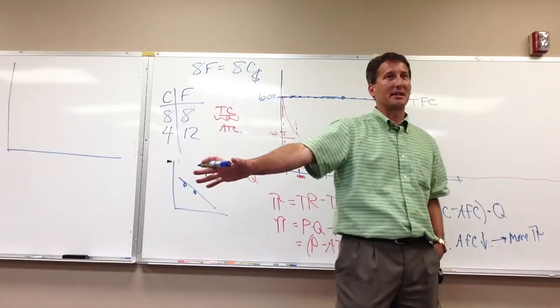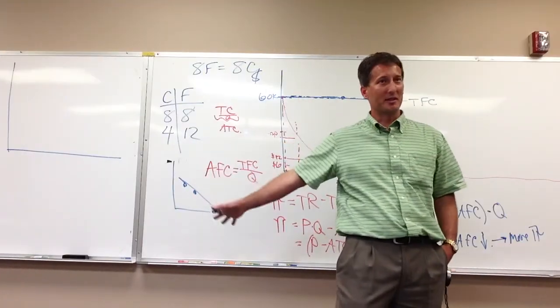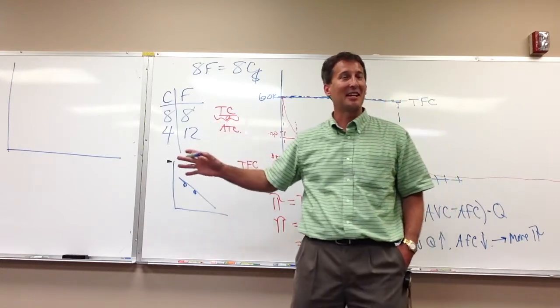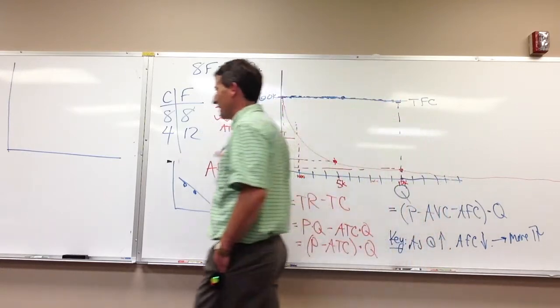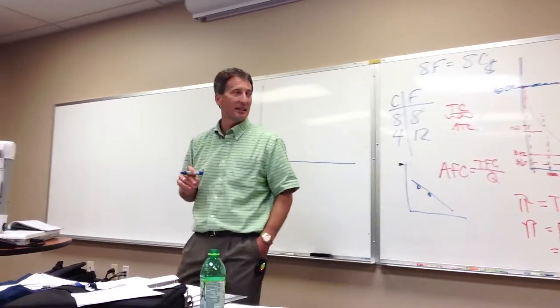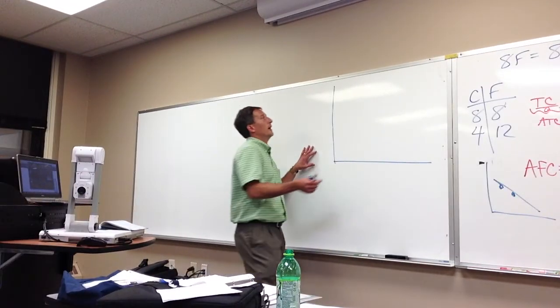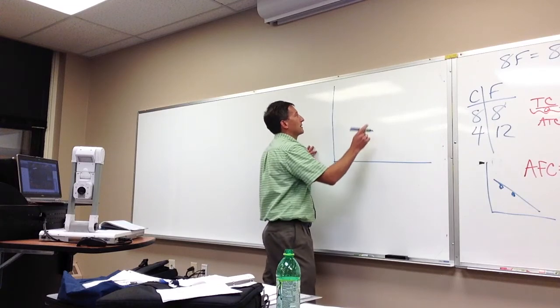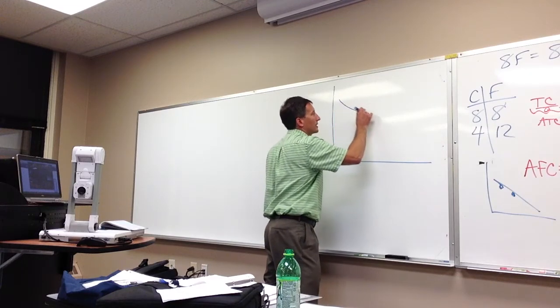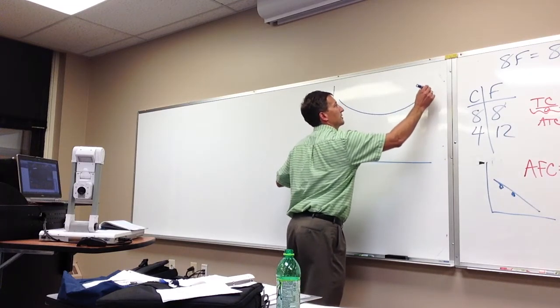He's going to say something in the text and just assume that you know this. This is part of what I was giving to you, that having a little bit of these fundamentals down is going to help you when you work through that. All right. Average total cost looks like this. Just trust me.